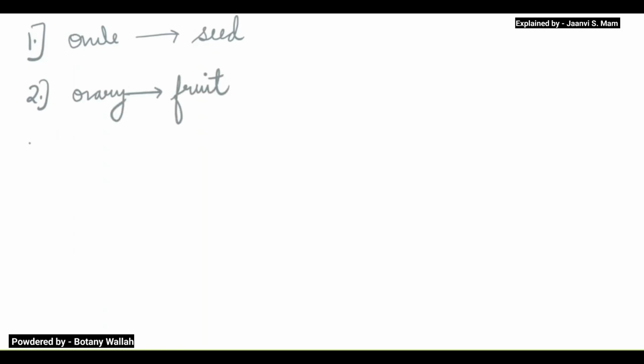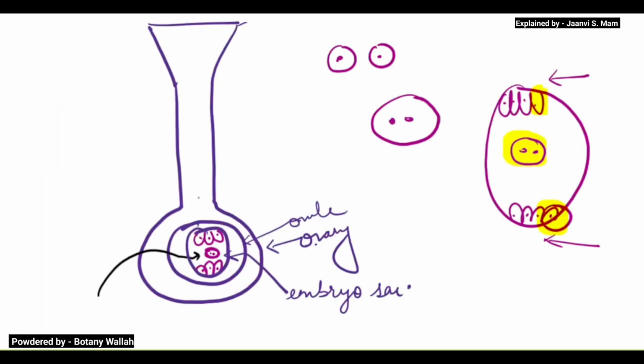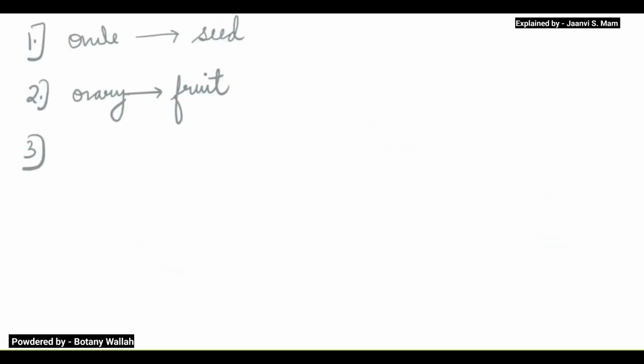Okay, third point. Yesterday I had taught about integuments and nucellus. Integuments are inner and outer, two layers, two coverings.